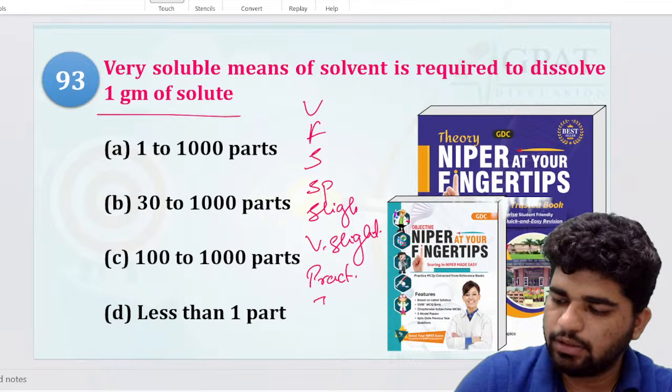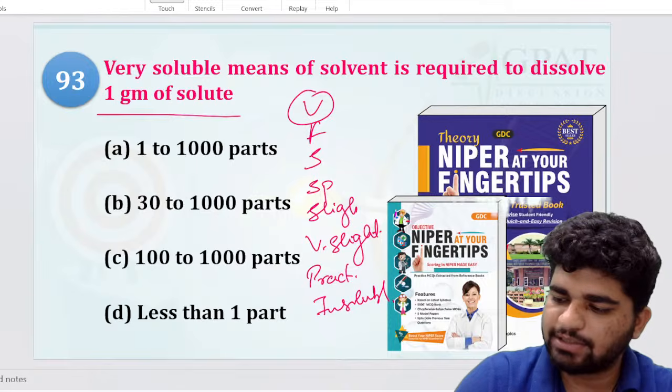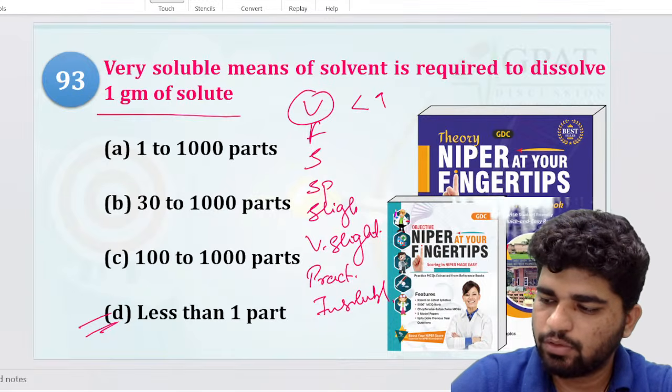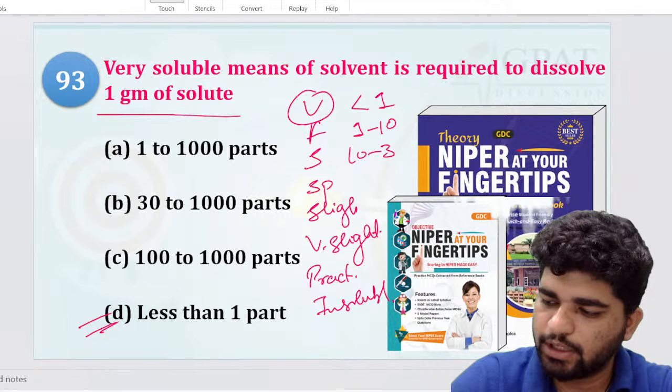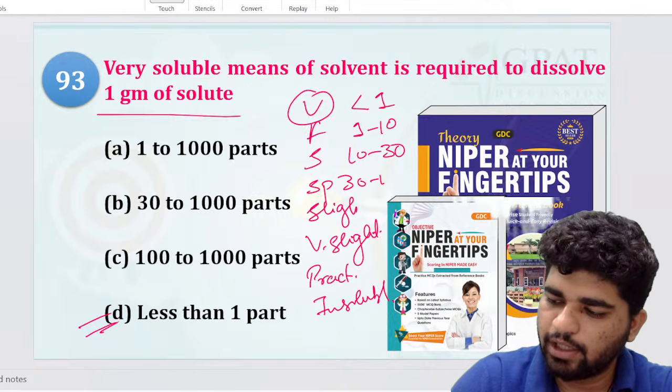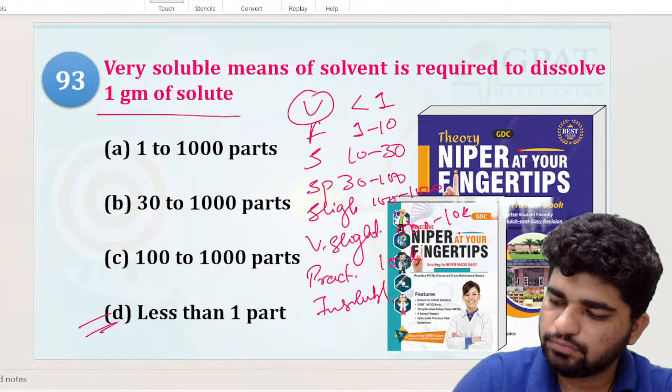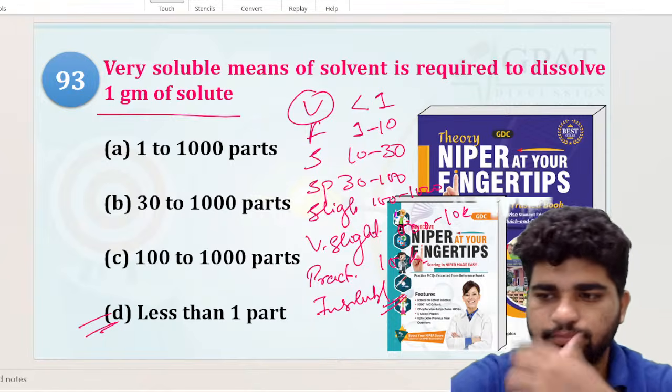So very soluble means less than 1, then 1 to 10, 10 to 30, 30 to 100, 100 to 1000, 1000 to 10,000, and more than 10,000 is practically insoluble.